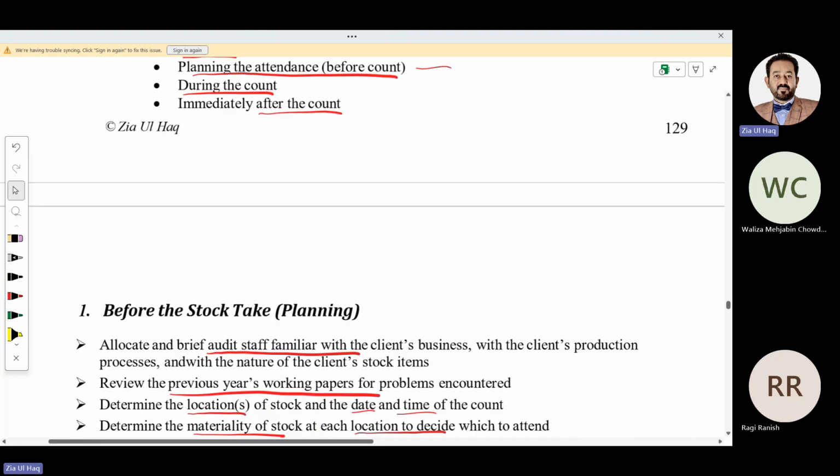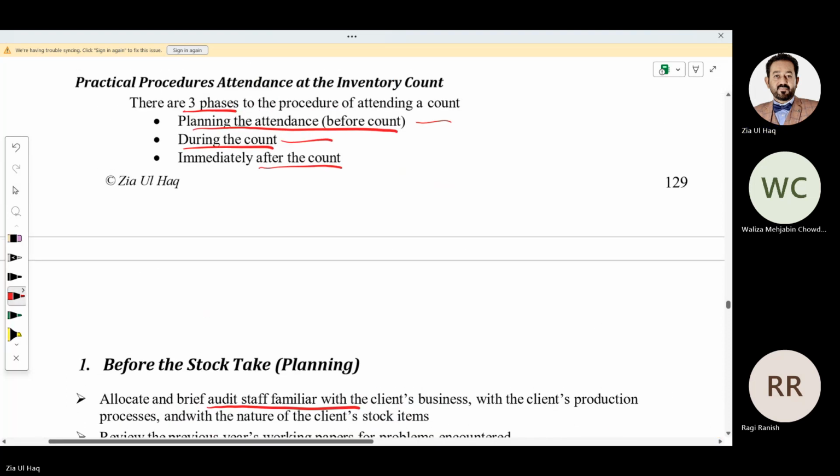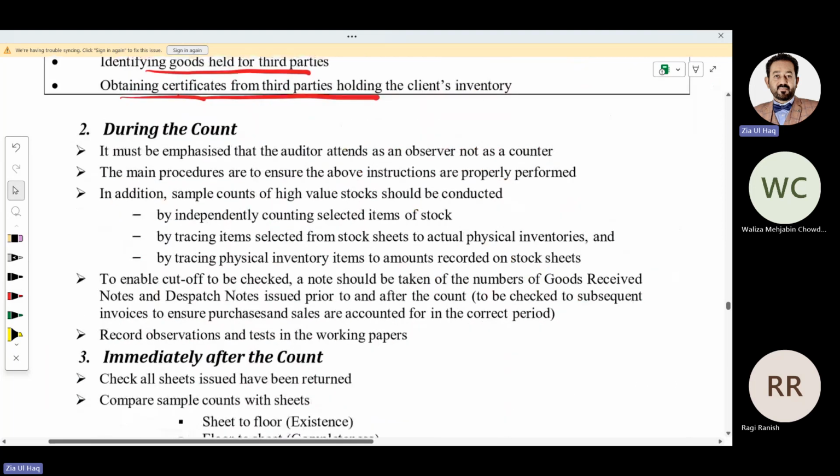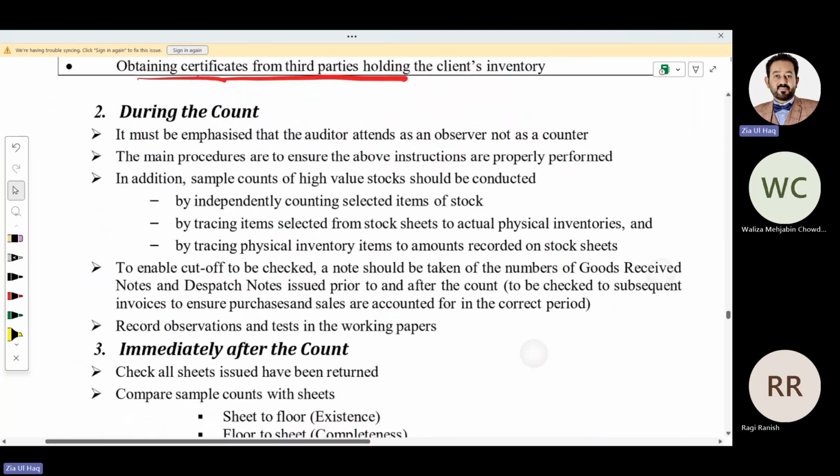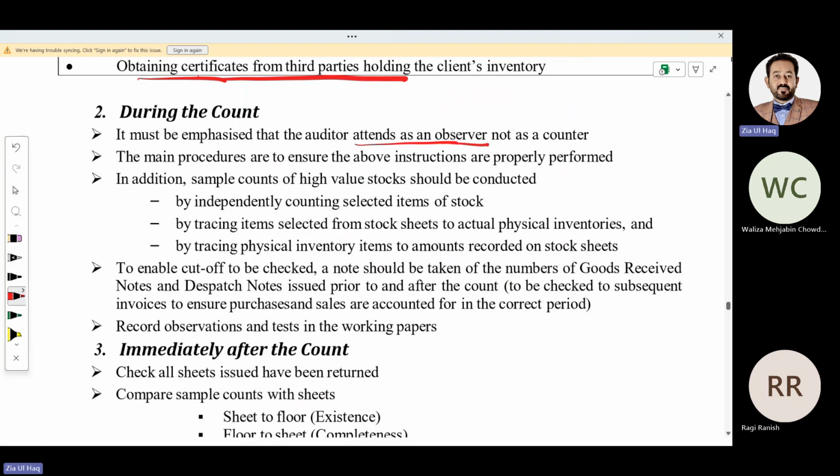Now we are moving towards procedures during a count. Being auditor, what we need to perform during a count. During count, we should attend the inventory count as an observer, as an attendant rather than as a counter. We are not going to count the inventory, we will observe. What we will observe? Whether the proper stock take instructions are followed or not.